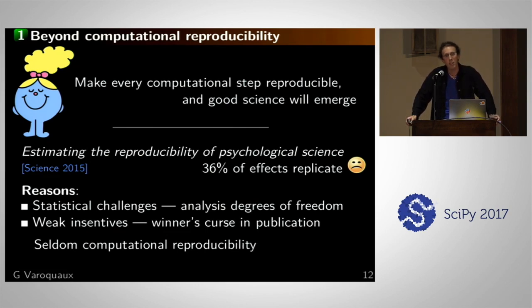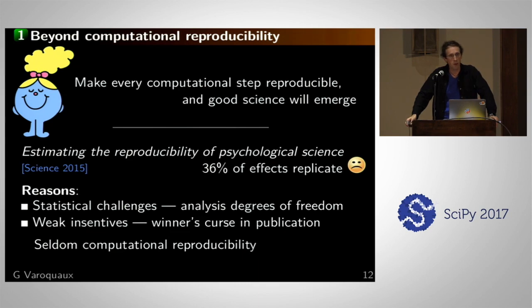And even the most honest people get fooled by this. I got fooled by this. So the problem is the following. In the published literature, you have more false positives, more false findings that you think you have just because there's a selection bias. So it's an instance of winner's curse.